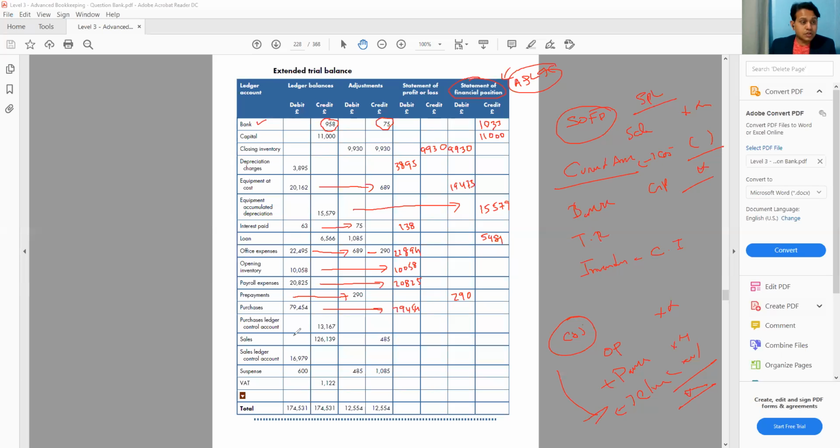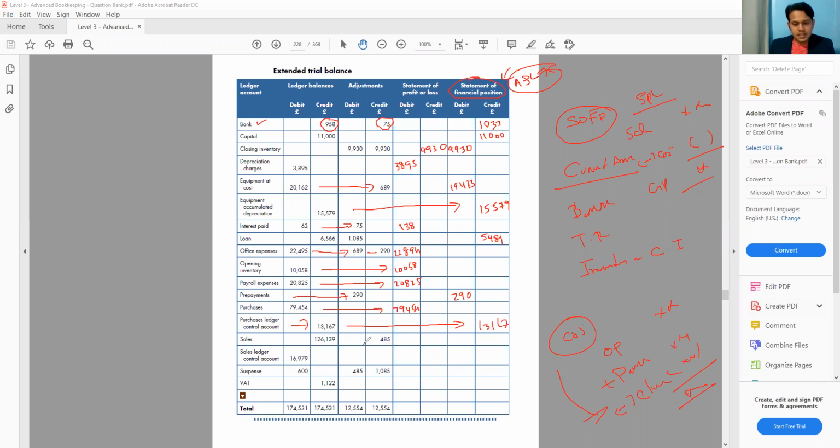Then purchase ledger control account. This is our trade payables. It's a liability account, so that will go straight away to our SOFP account, 13,167.